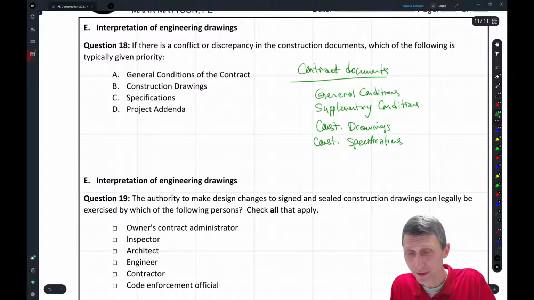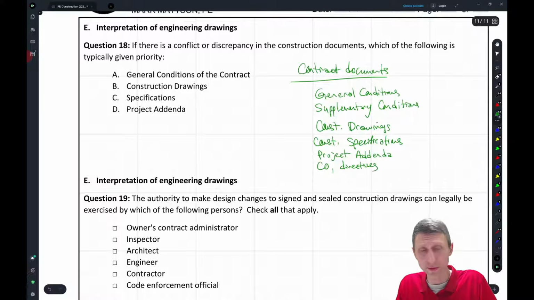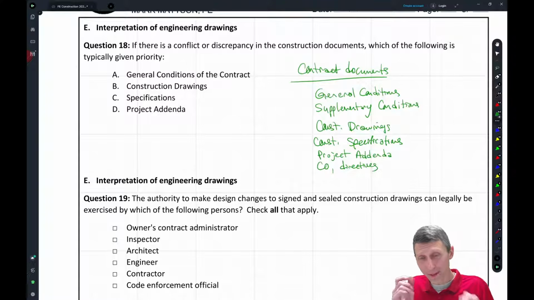You're going to have project addenda. So if something happens and you want to change a drawing, you're going to change it through an addendum. You're going to have maybe change orders, or field directives. Depending on what they're called, and sometimes the terminology can be different. But you have all these different pieces that typically form the contract.